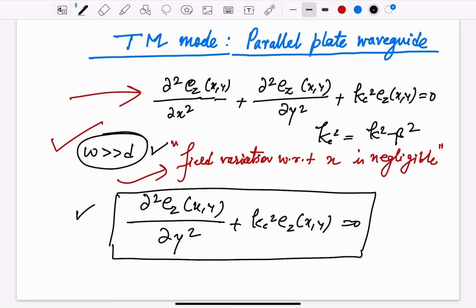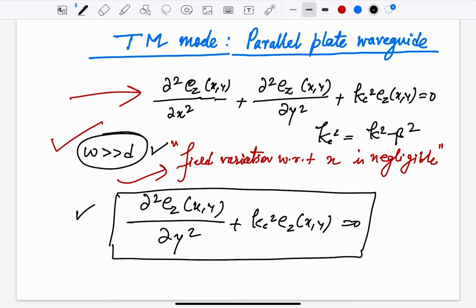So now let us define some other parameters. As we got the condition, this kc is equal to n pi by d. Fine.